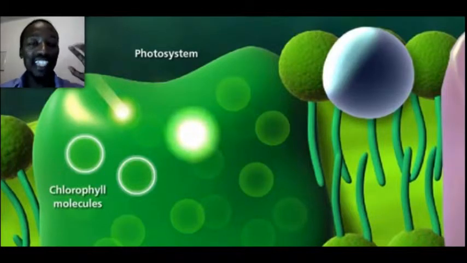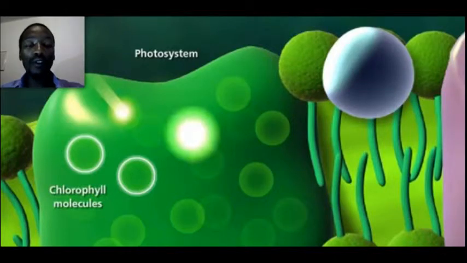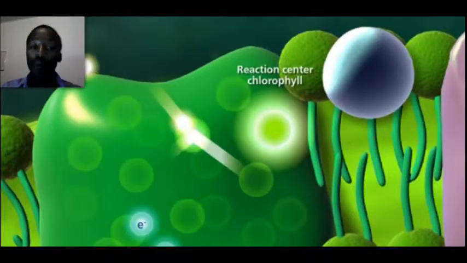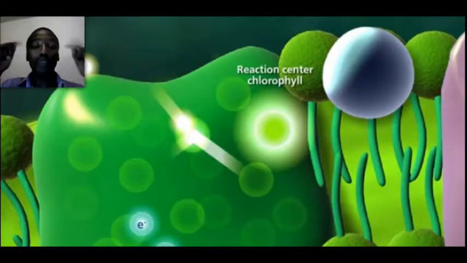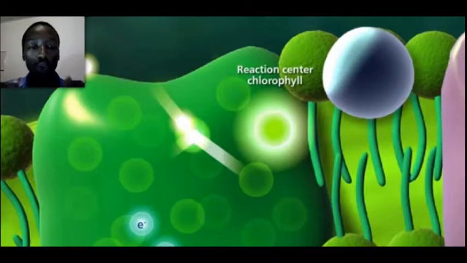The more photons they capture, the more the electrons within the chlorophyll molecules will get excited. Once the electrons get excited enough, electrons can be passed through to the outside of photosystem 2. Otherwise, these electrons will never leave photosystem 2 unless they are transferred through the reaction center.